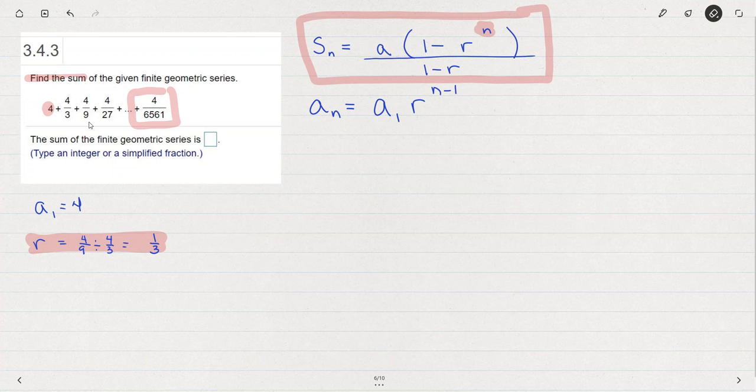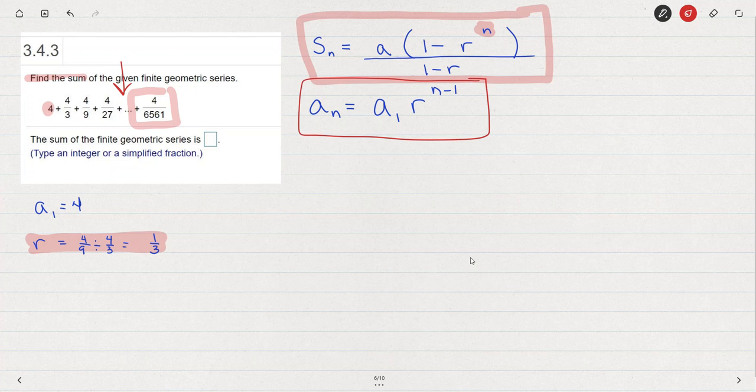How many pieces are there in this ellipsis? In the in-between, how many different fractions would we have in there before we got to the 4/6561? And that is where we'll use this a sub n. The nth term is 4/6561. So what is n?